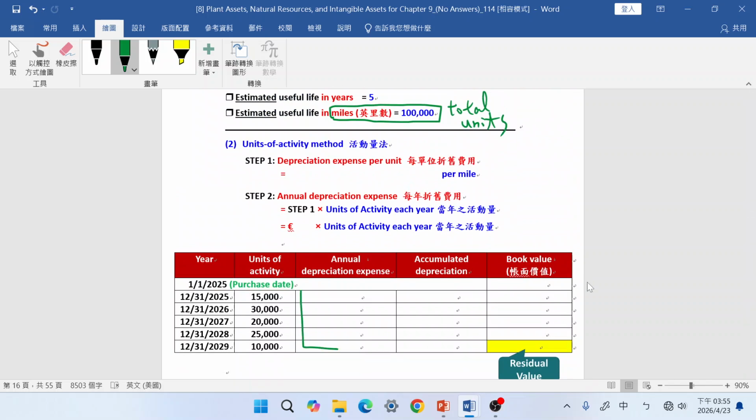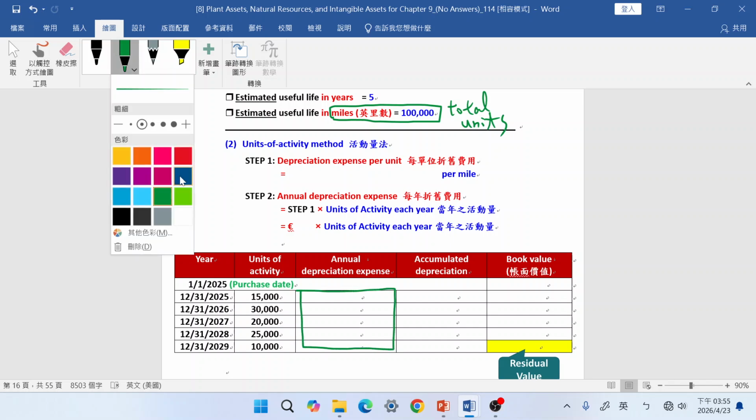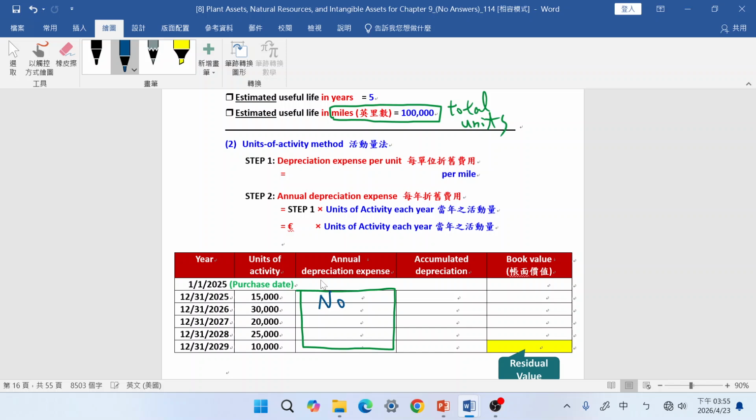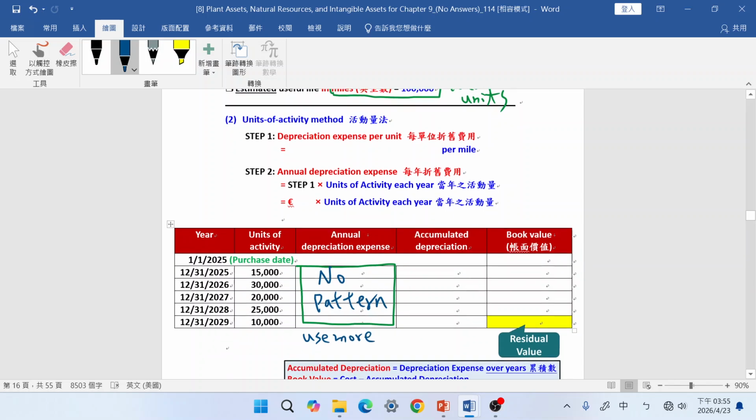So annual depreciation should have no pattern. So use more, then value decrease more.